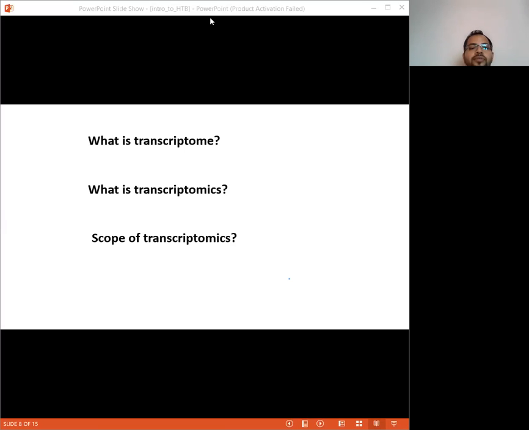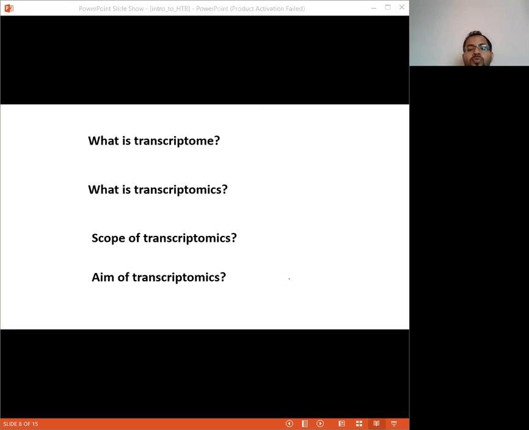Now, in short, if we are trying to identify the aim of transcriptomics, we could say that, number one, we can list out all the transcripts, including the mRNAs or non-coding RNAs or small RNAs, by performing such transcriptomic analysis.